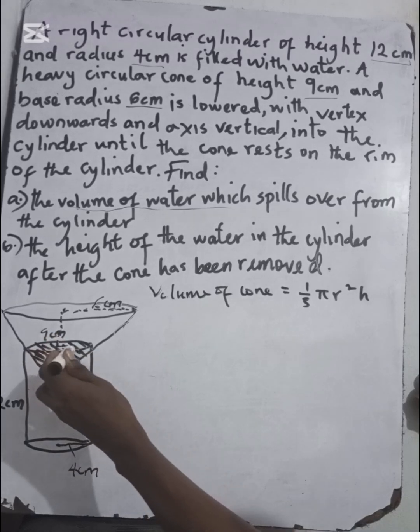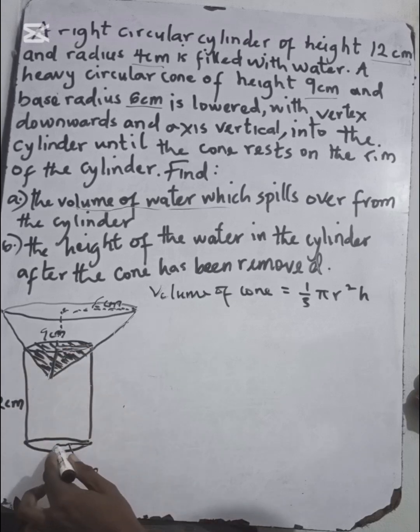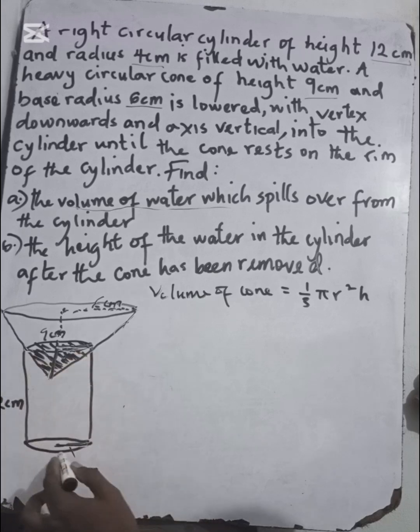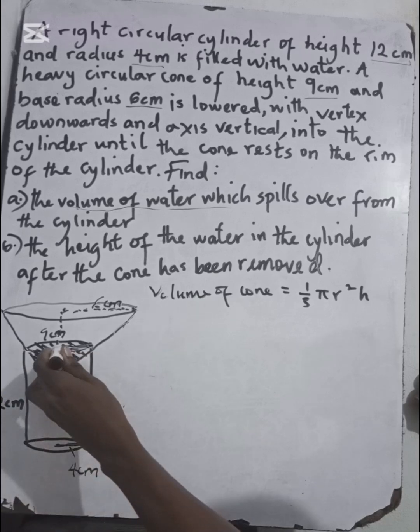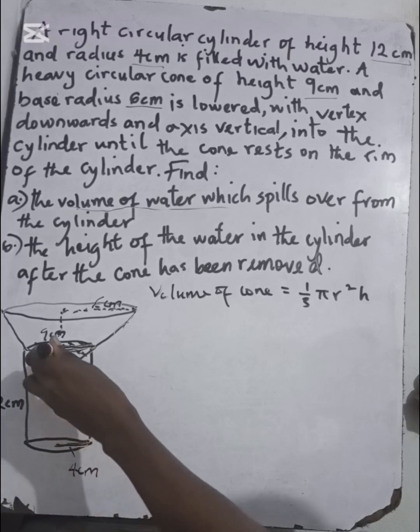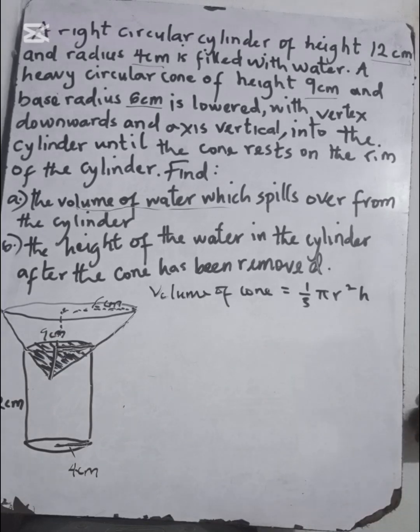Also, we already have the radius. The radius will be equivalent to 4 centimeter, because if we look from the point of the cylinder, we will see that the radius here is also 4 centimeter. So it is only the height we need, and we'll put it together to find the volume of the cone.